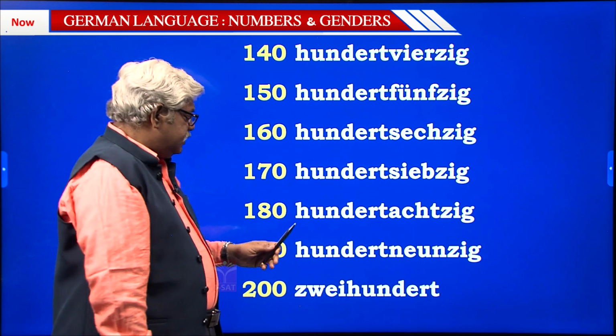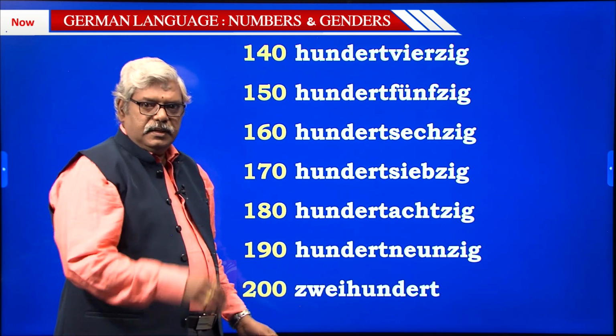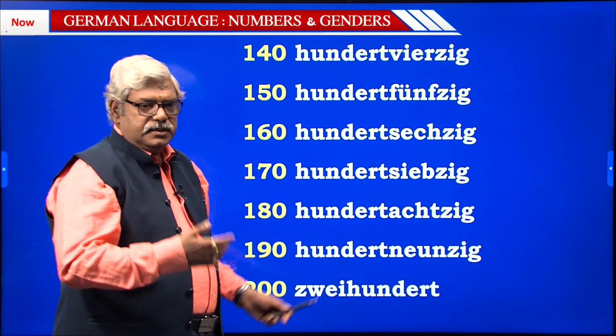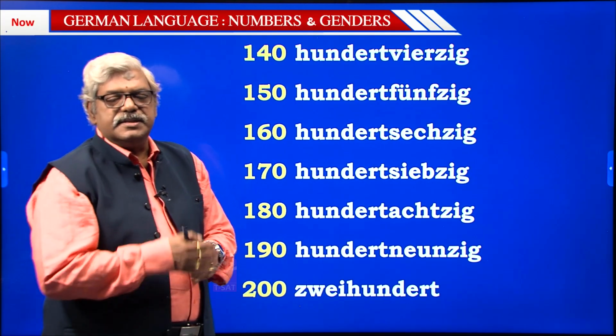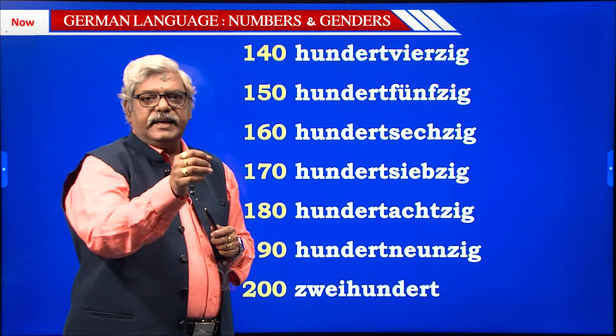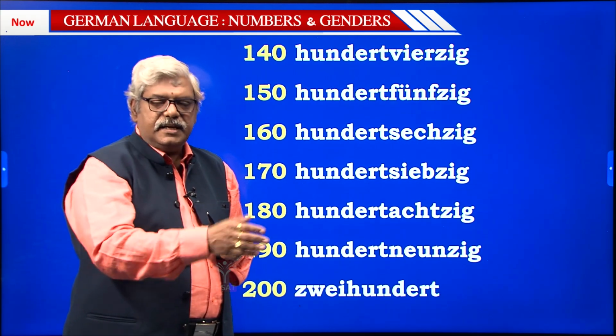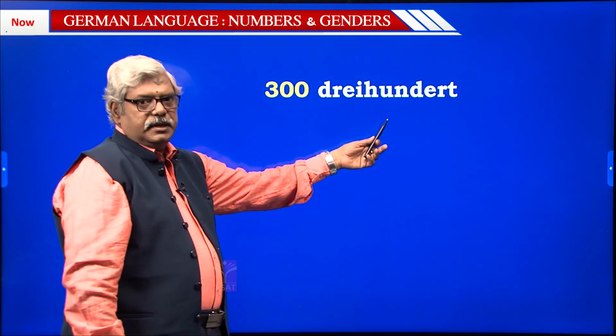And 200 is 200. 100 was 100. So this one is 200. And how do we say 201? The same pattern how you have said 101. 200 times 202, etc. It goes up till the next number, that is 300.